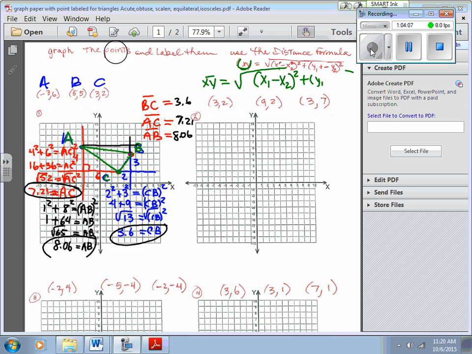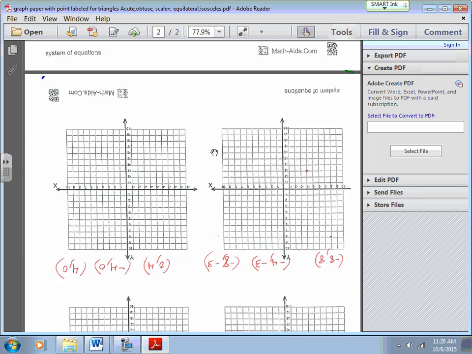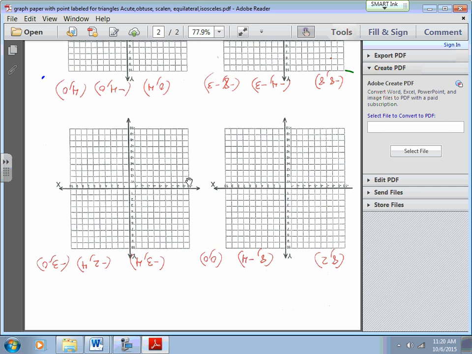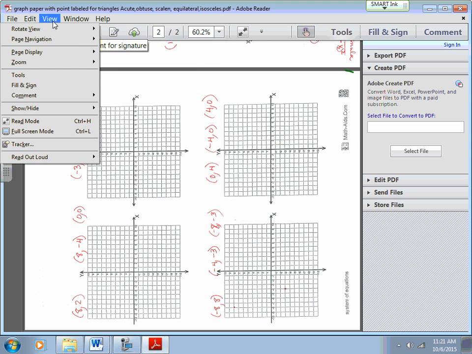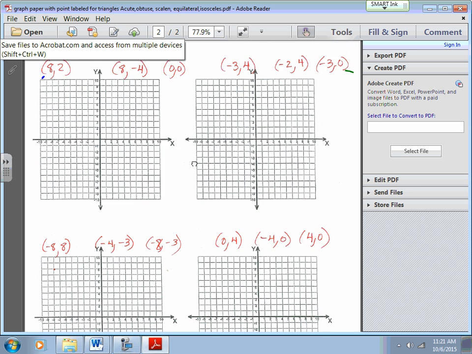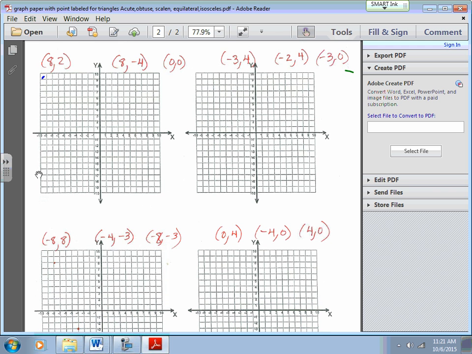I'm going to have to erase this here because I've got to show you the back side. Flip it over. On the back side, take a look at the coordinates for the 4 that you're going to do. There's only one that looks kind of weird, and that's this one down here.